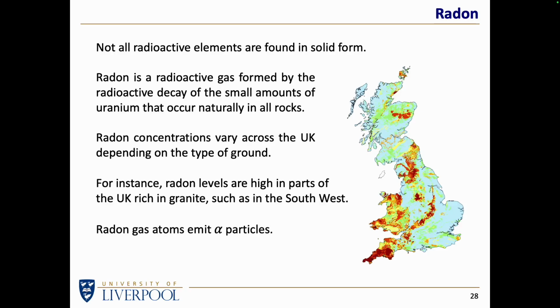Radon gas emits alpha particles, and remember, alpha particles can't travel very far through material, so they can't get into the cloud chamber. So if we see an alpha particle in the cloud chamber, it must be radon that's in there. In other words, it's radon that's in this room and ends up inside the cloud chamber.